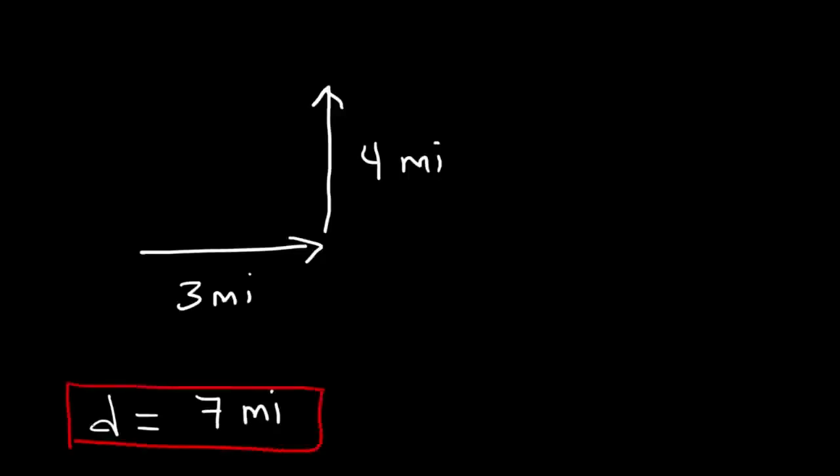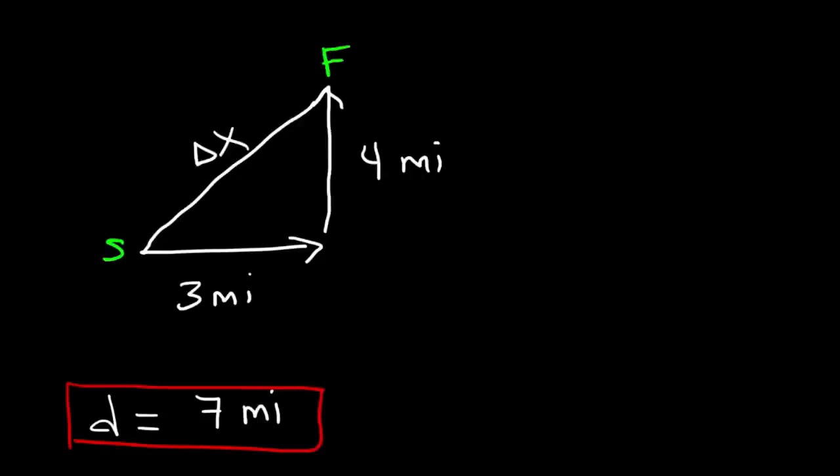Now to find the displacement, we need to find the distance between where he started and where he ended. So this is where he started, and this is his finish point, or where he ended. We have to find the direct distance between those 2 points, and that's going to give us the displacement. So let's call it delta x, the displacement.